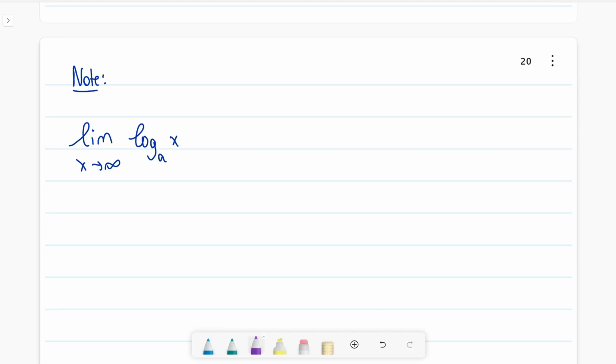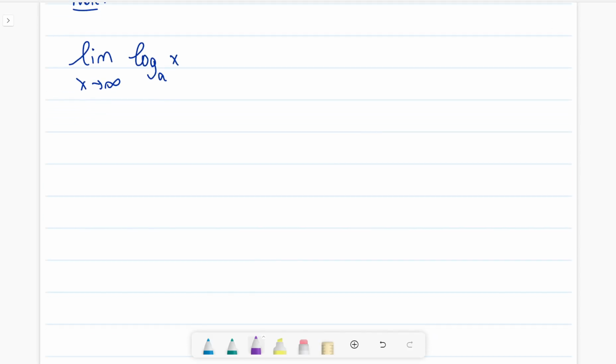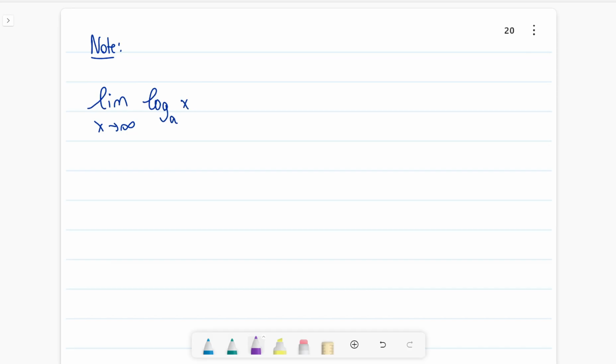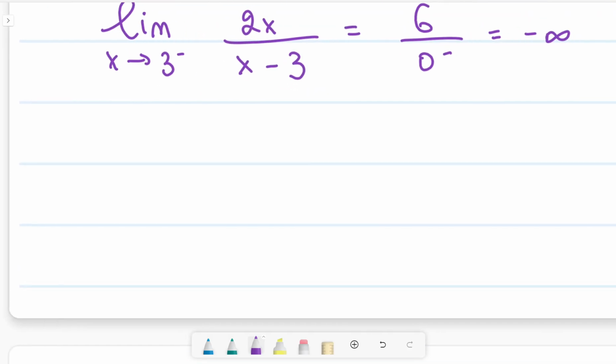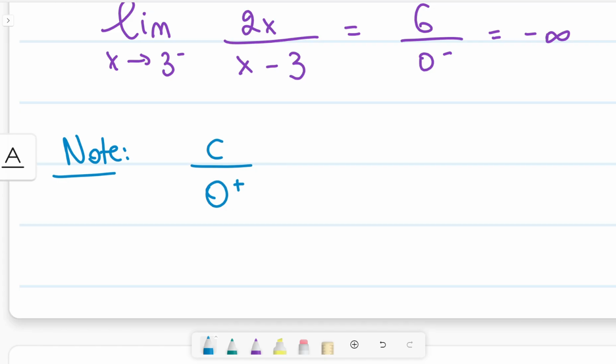Before I do the next example, I just wanted to write a remark, or a note, that whenever we plug in and we get a constant over 0 plus, where 0 plus means a value slightly larger than 0 but very close to it, then the limit approaches infinity.